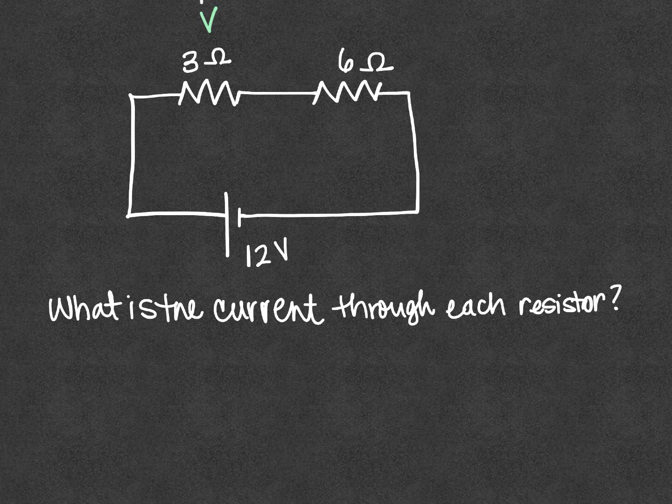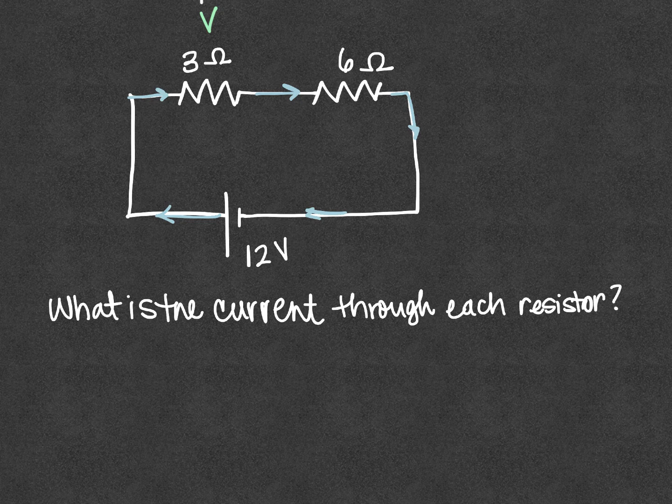Now I know, since these resistors are in series, that the current that leaves the battery must be the current that goes into the 3 and then goes into the 6 ohm and then comes back to the battery. So if I use my rules, I can then use Ohm's law to determine the current in the circuit.